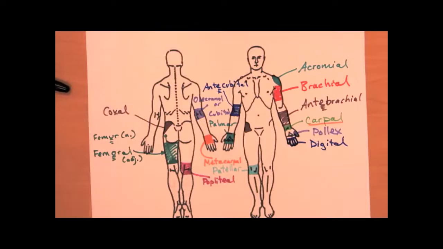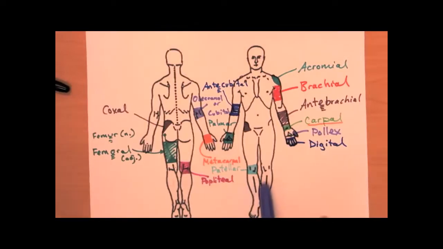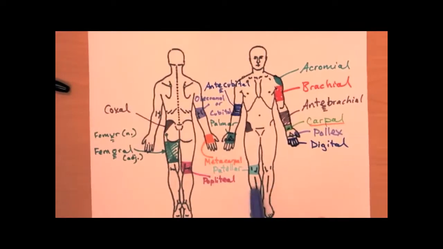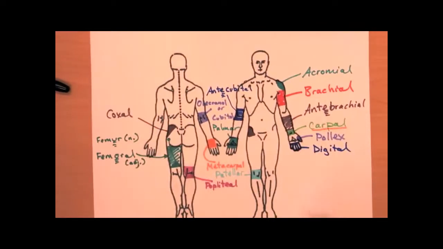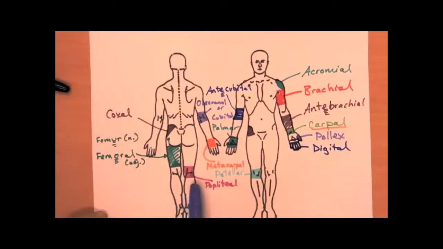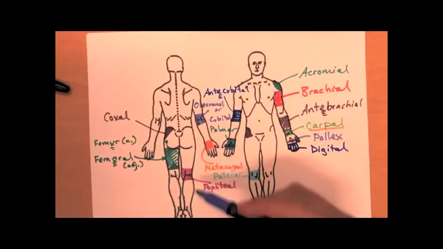The next three terms are actually referring to different parts of the shin and calf. Okay, so just the lower part of your leg, three different terms. I'm going to start with the lateral side, which is not the next term on the list, actually.